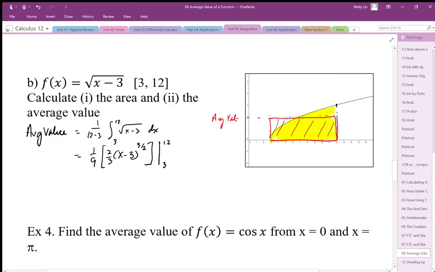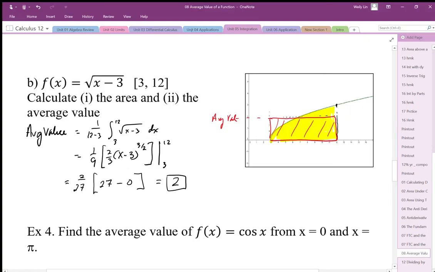I'm going to take that 3 over 2 out to make it simpler, so you get 2 over 27. Then I plug my 12 in, so it's 9 to the power 3 over 2, which gives me 27. I plug the 3 in and I get 0. So I get 27 times 2 over 27, so my average height is 2.